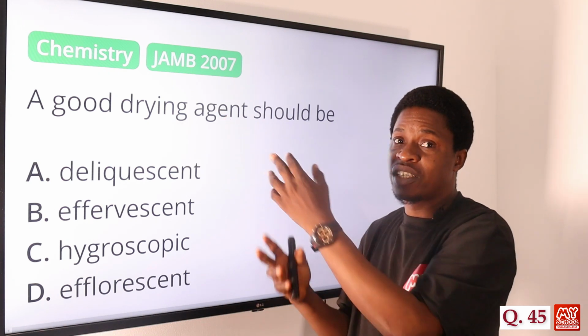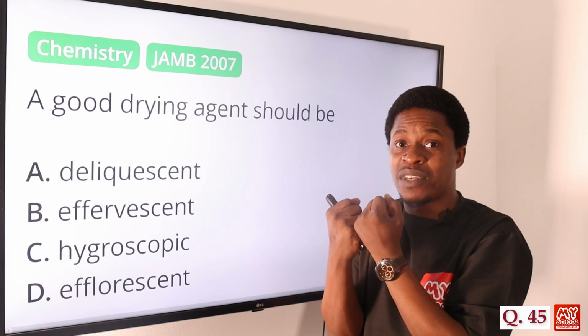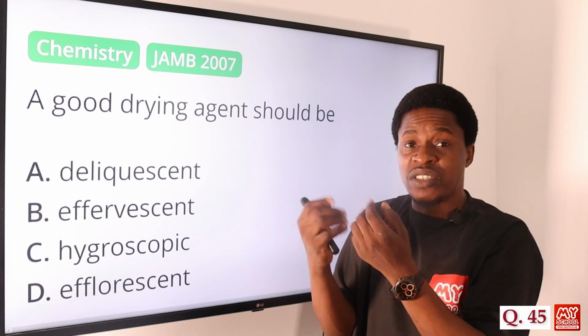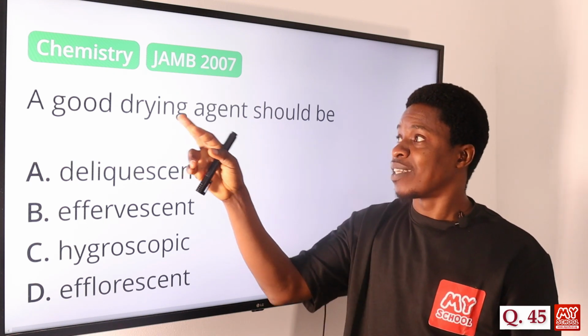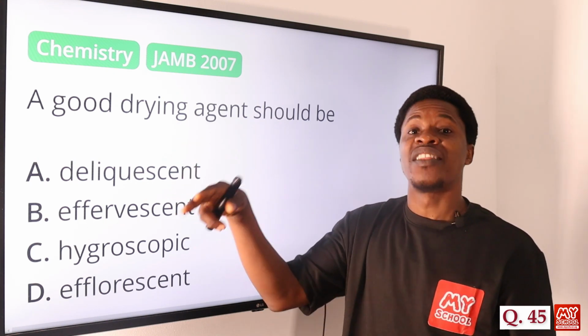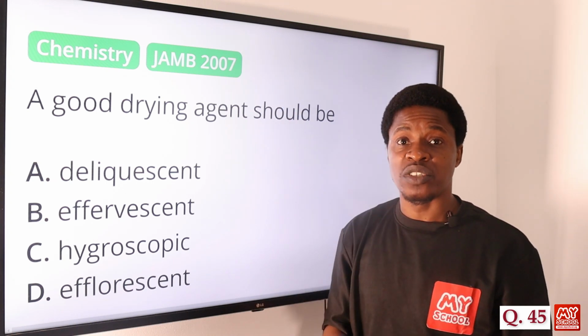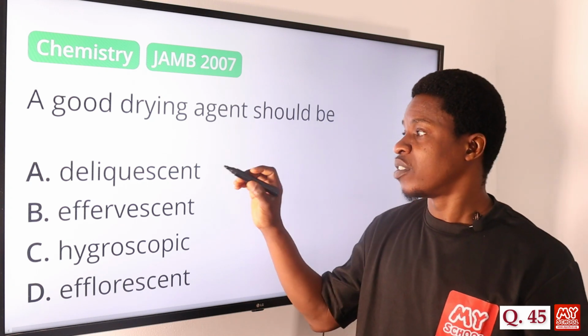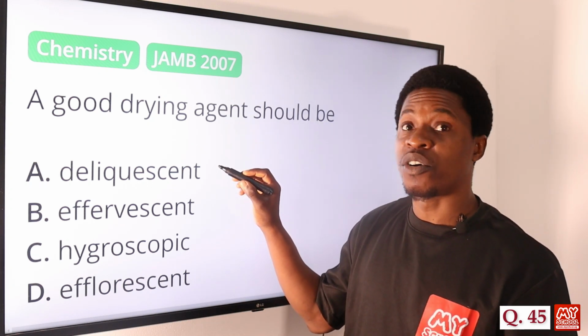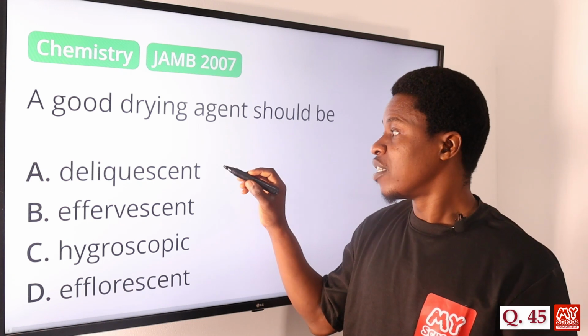Drying agent, because once they're exposed, they turn into solution. If you use them as a drying agent, they will also turn into solution, and then they will still cause the substance they want to dry to become what? Wet again.